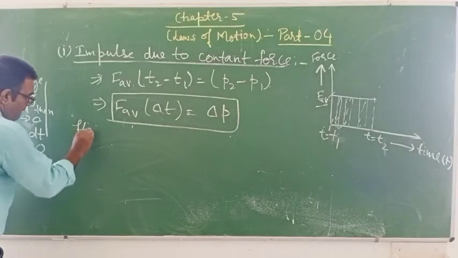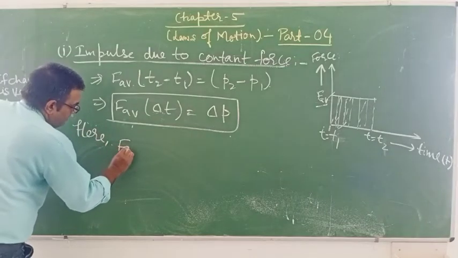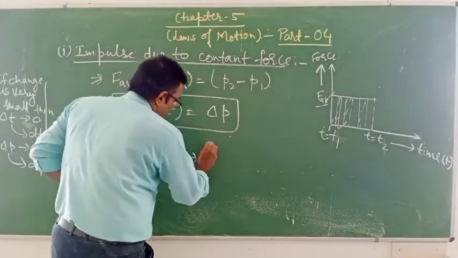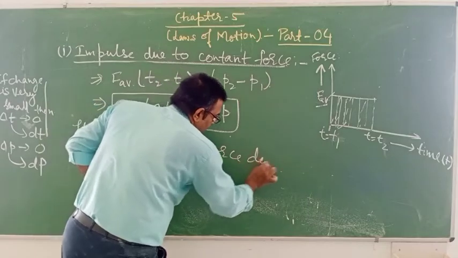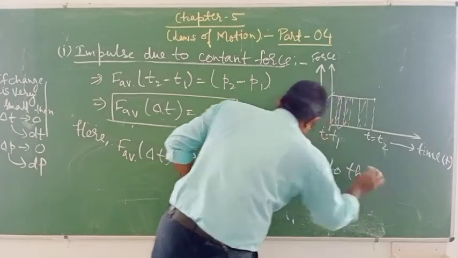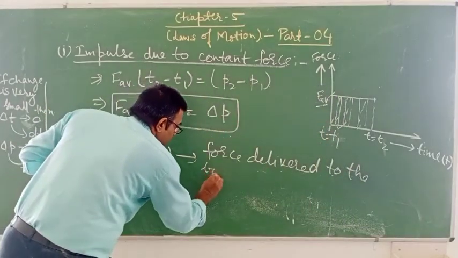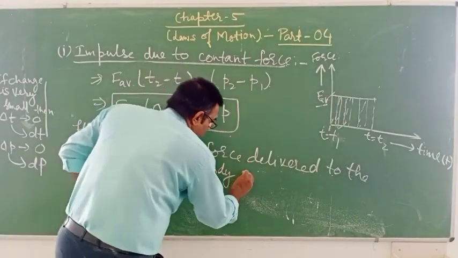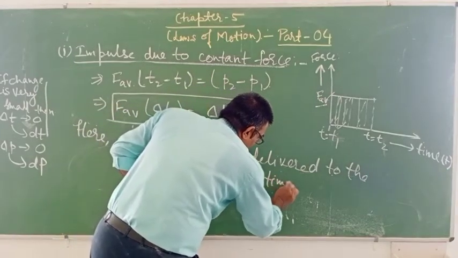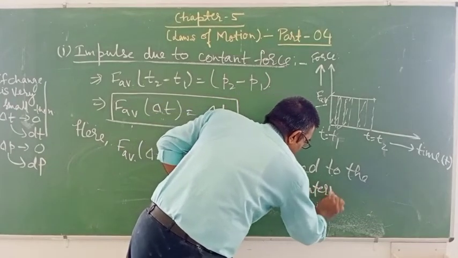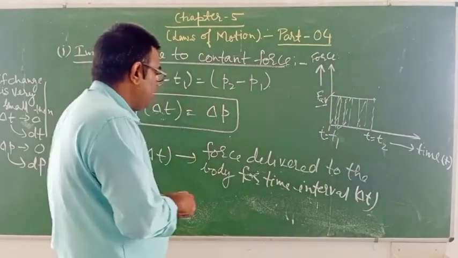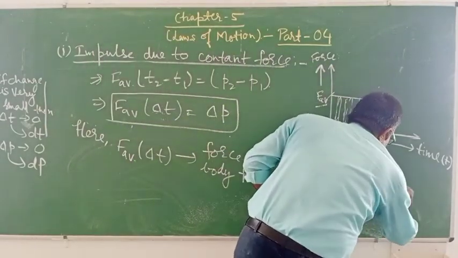Here F average into delta t is the force delivered to the body for the time interval delta t, and this is what we had defined as impulse.